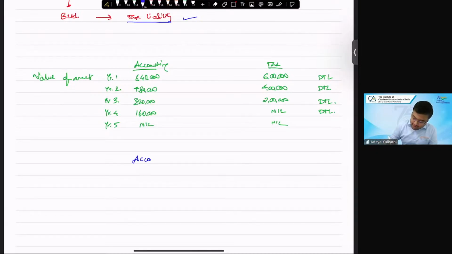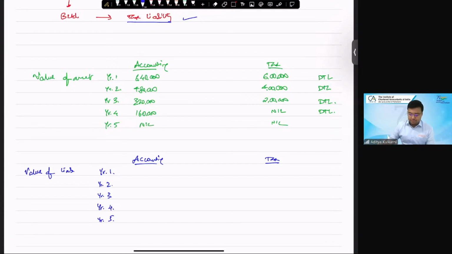So accounting and tax. Value of liability. Year 1, 2, 3, 4, 5.